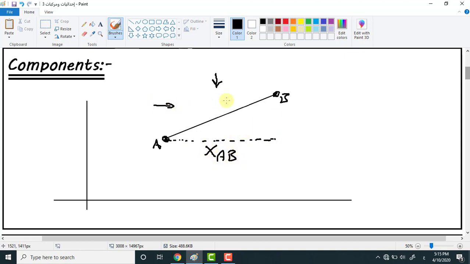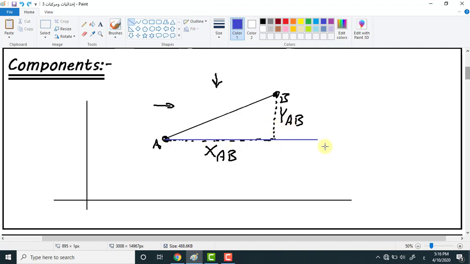And the vertical component, which appears in side view, we call the vertical projection, and we call it y from A to B. So any line has two components, XAB and YAB, the horizontal projection or horizontal component and the vertical projection or vertical component.